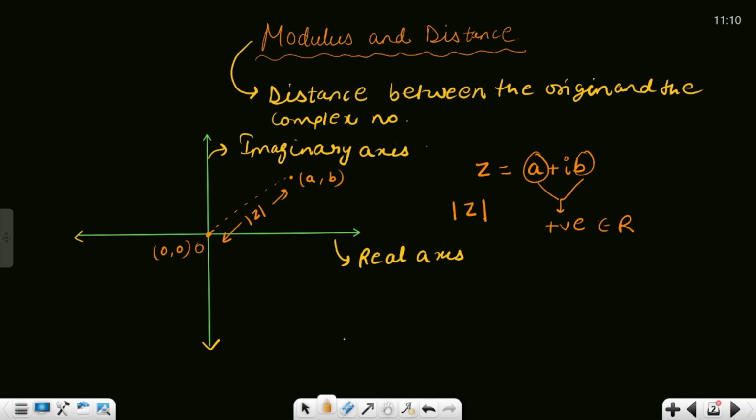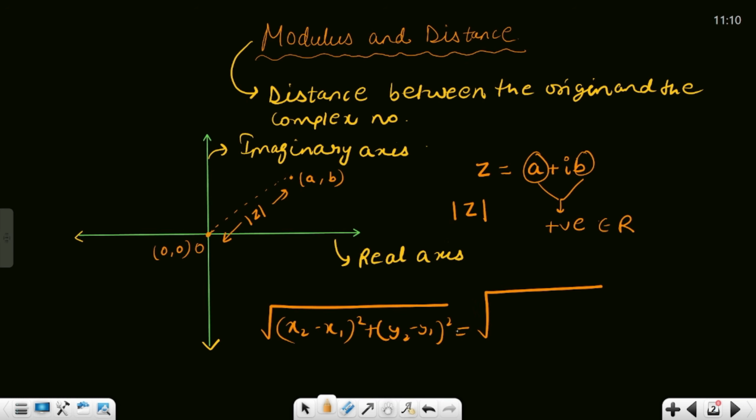Just apply the distance formula, nothing else. Under root of x2 minus x1 whole square plus y2 minus y1 whole square. So this is a minus 0 whole square plus b minus 0 whole square, which equals under root a square plus b square.